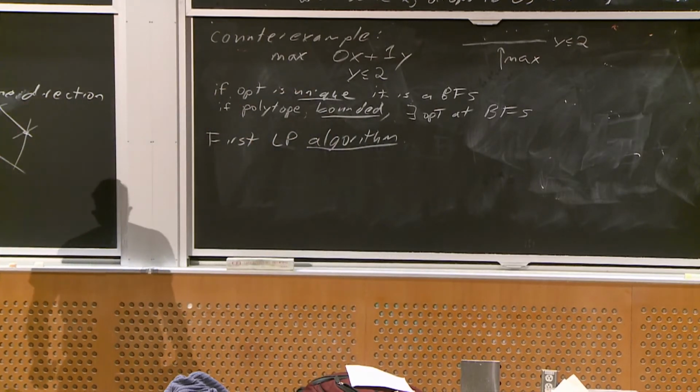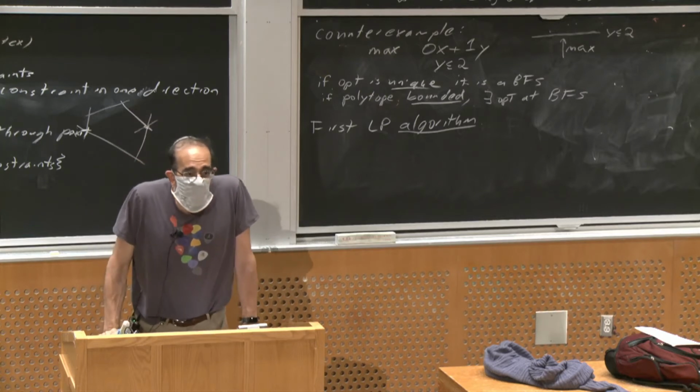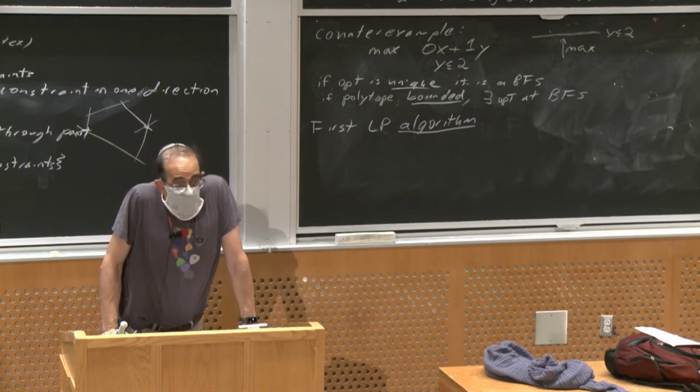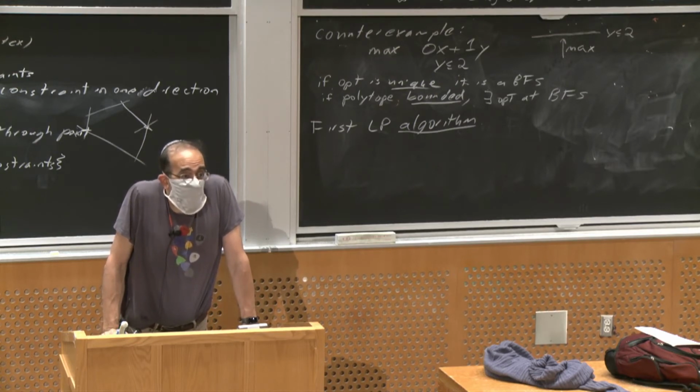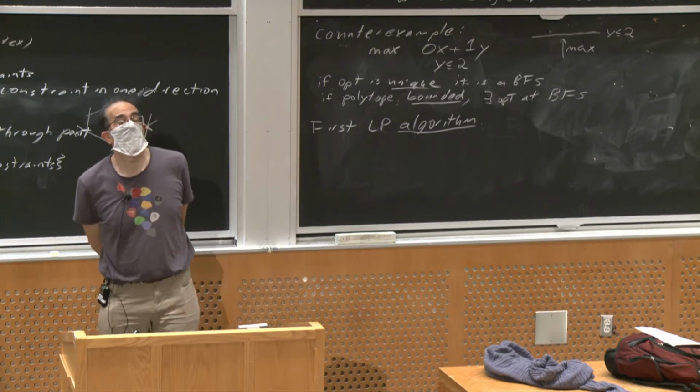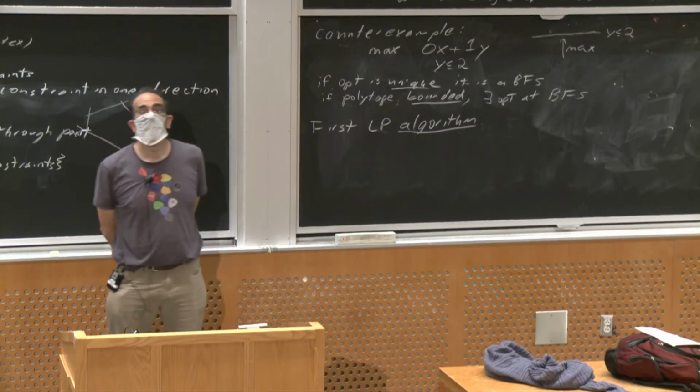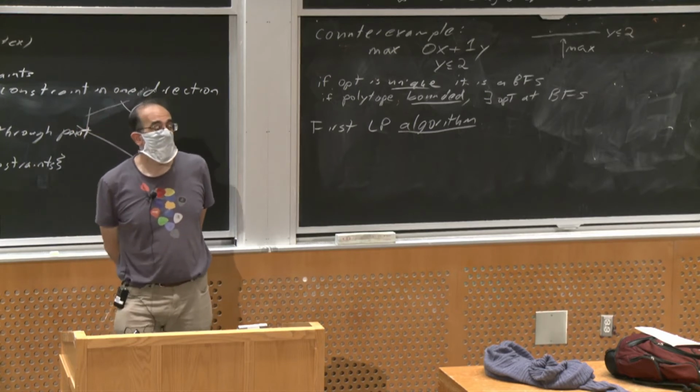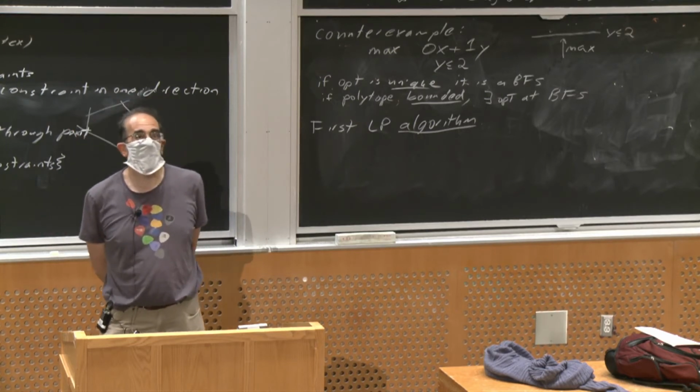An actual series of steps that you can perform to solve any linear program. We haven't developed much machinery yet, so it can't be a very sophisticated algorithm. But how would you do it, knowing what you know about linear programs? Which at this point really is just that the optimum is at a basic feasible solution.